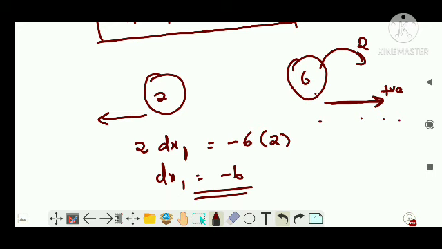So when you are moving the 6 kilogram in this direction by 2 meter and you want to maintain the center of mass here itself, then the 2 kilogram mass should be moved by minus 6 meter, or I can say should be moved to the left by 6 meter. Clear?